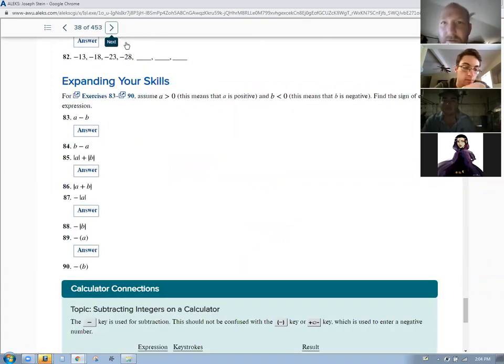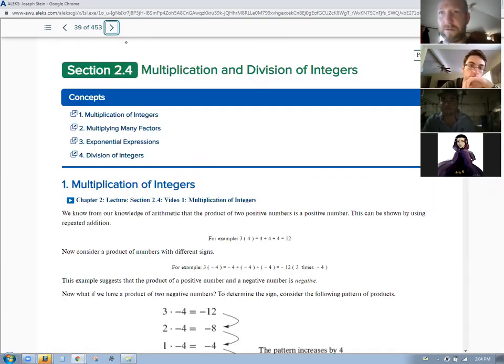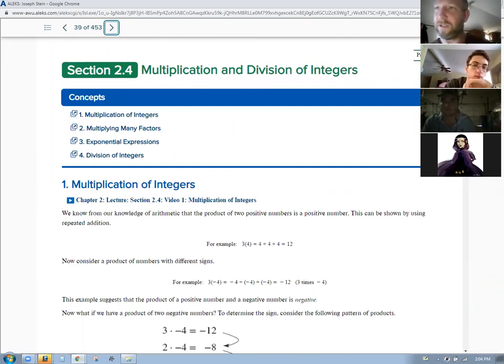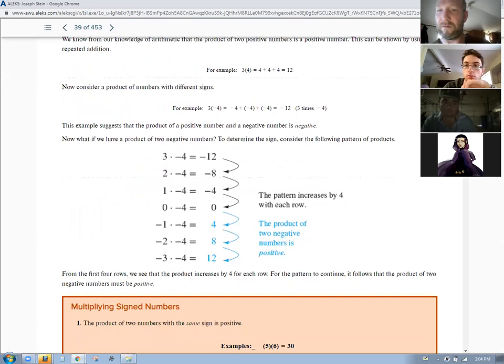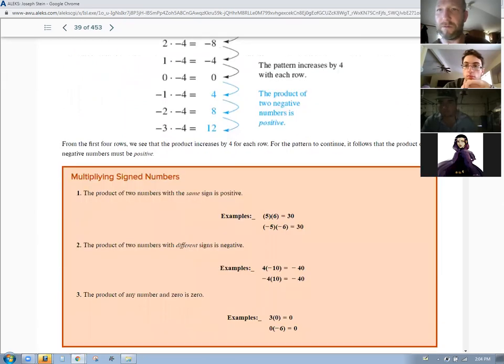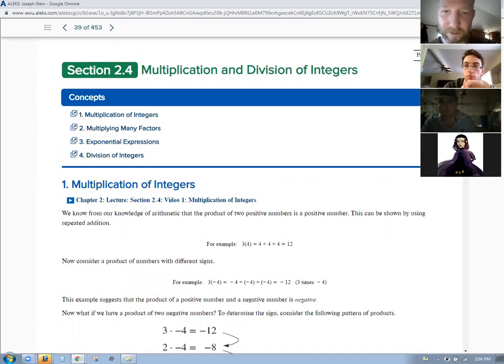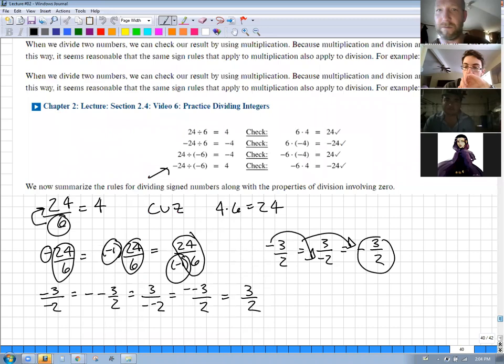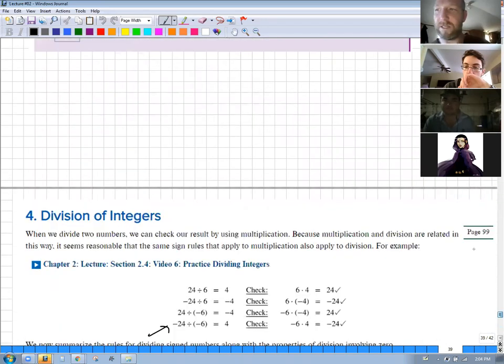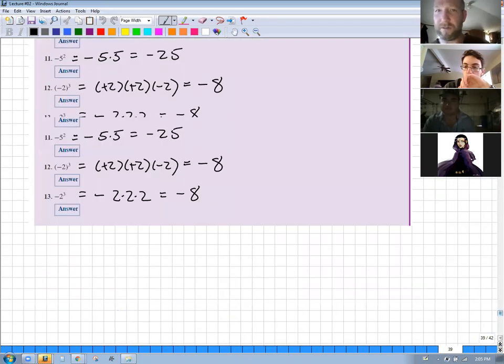That's homework. Multiplication. I don't remember doing this. Let me look at that lecture again. Page 99.